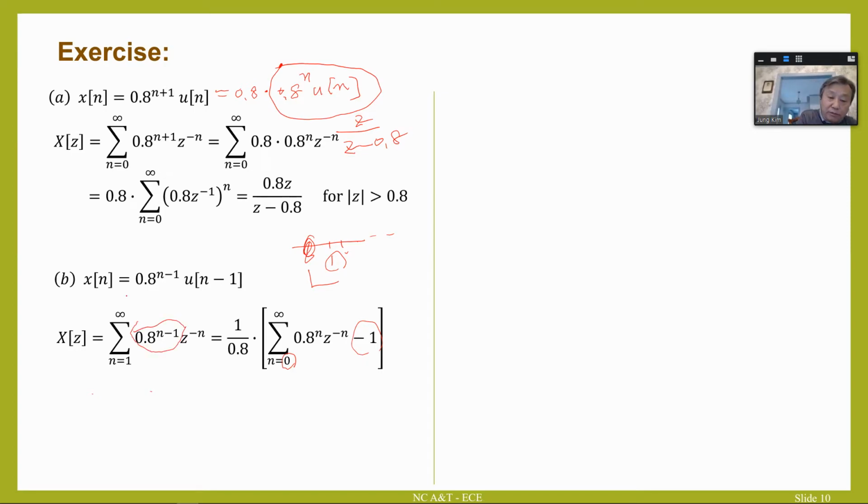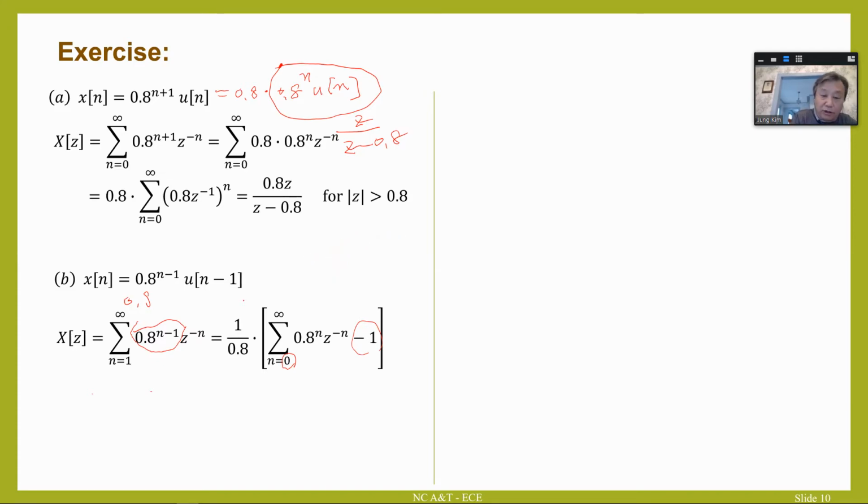This is 0.8 to the minus 1 and 0.8 to the n. And so you need to divide that, and then I should be able to do it. Okay, now I can do it.